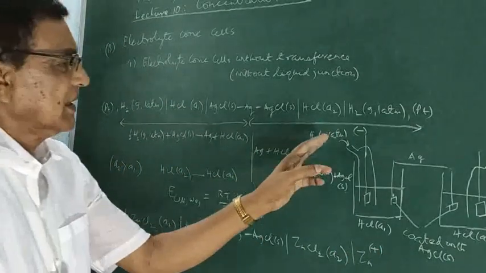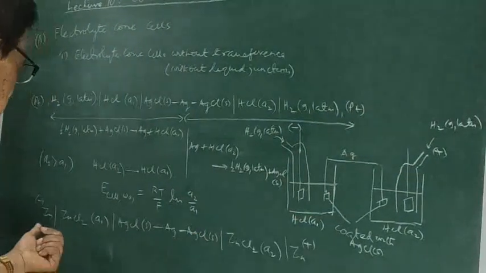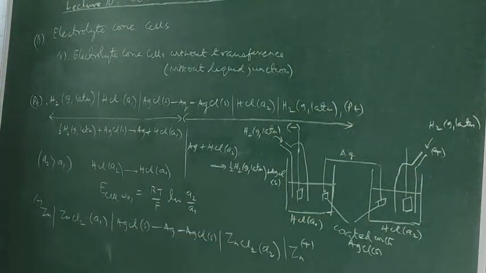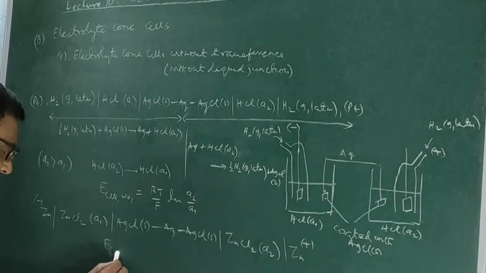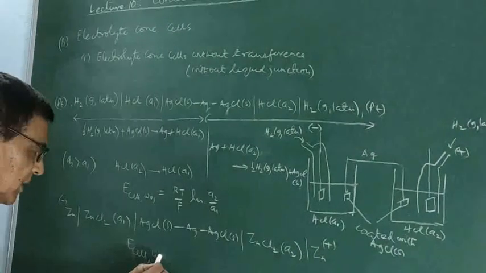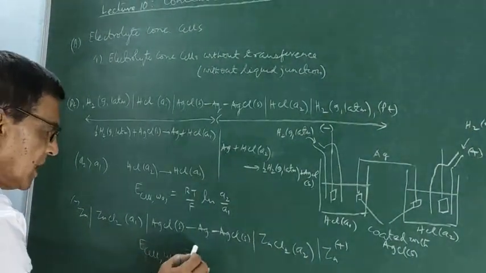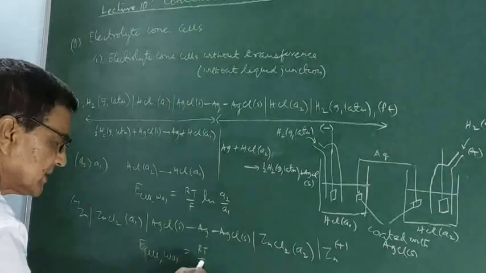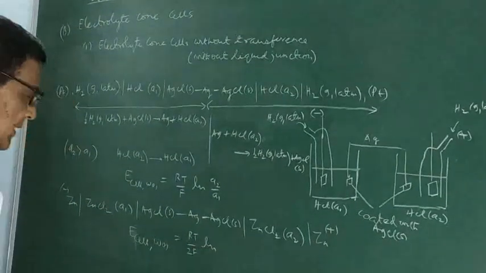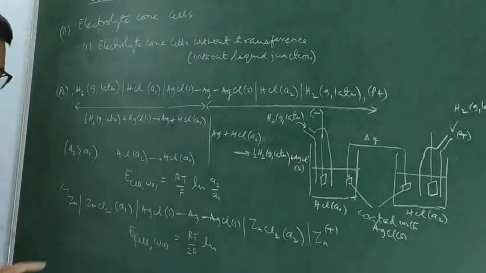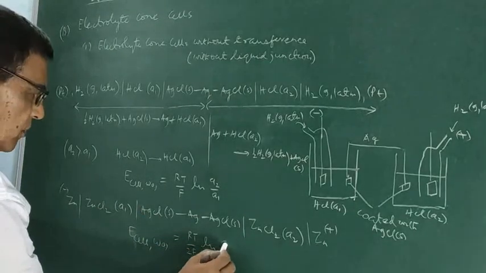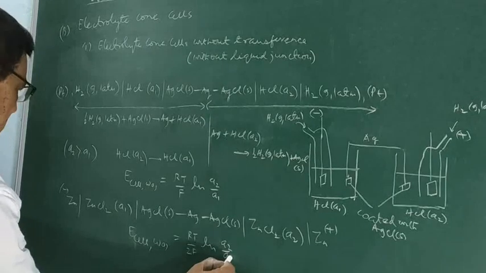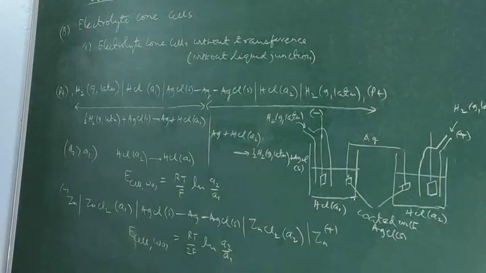Instead of hydrogen electrodes, we are using zinc electrodes. In this case, 2 Faradays of electricity are drawn, so 2 electrons are involved in the electrode reactions. So E cell without junction equals RT by twice F, ln, and here also A2 will be greater than A1.